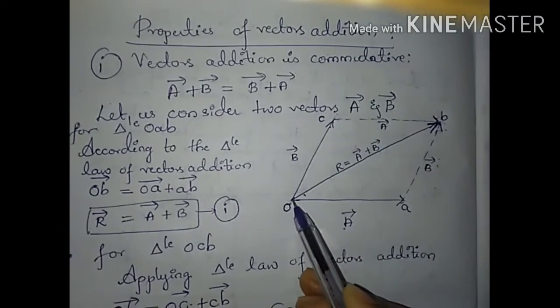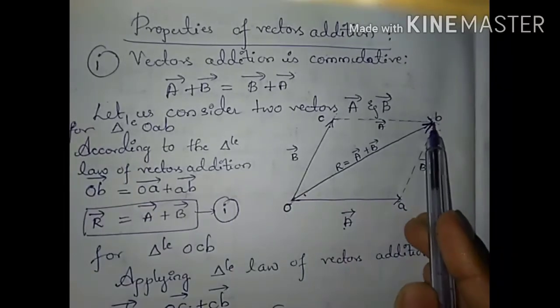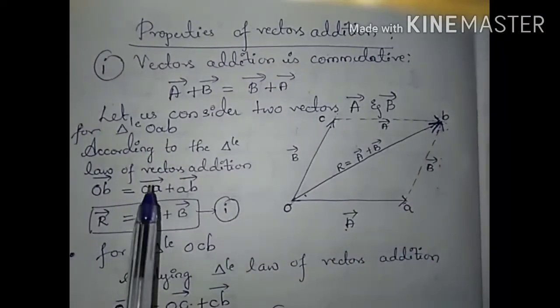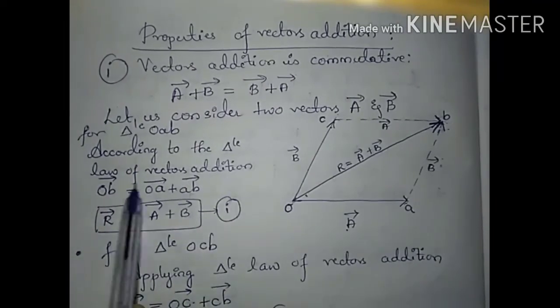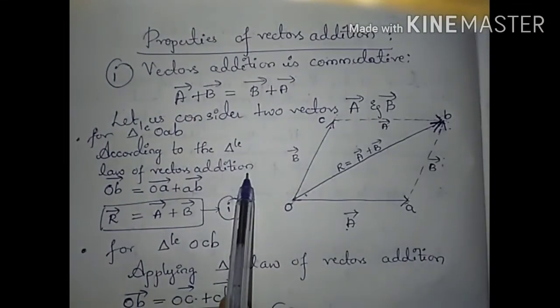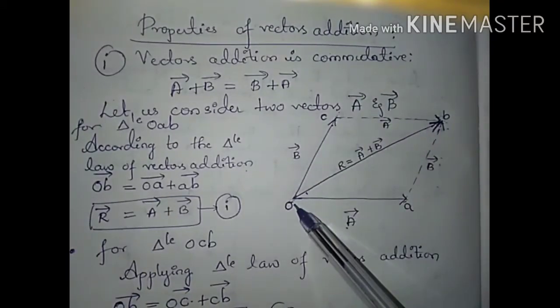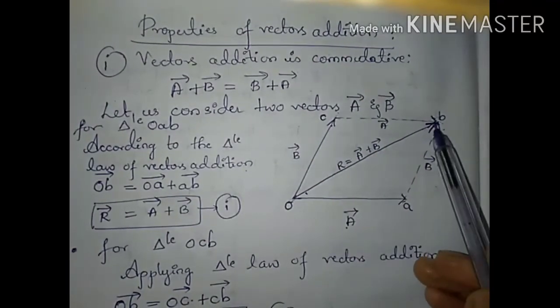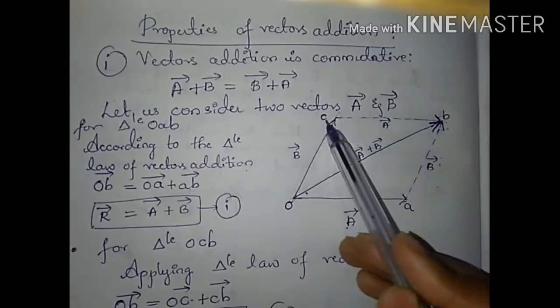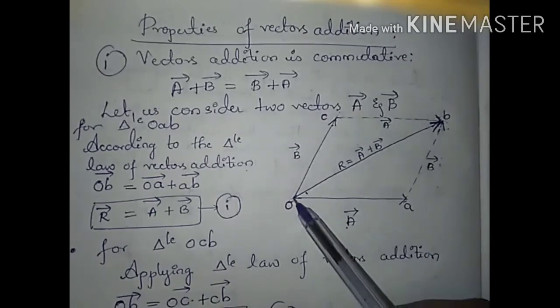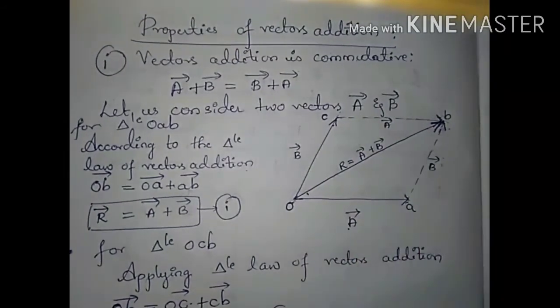Now considering the triangle OAB, you get R is equals to A plus B. So that we got by applying the triangle law of vectors addition. Then later we have considered the another part of the parallelogram, that is OCB. So this is the second triangle. So from second triangle we got OB is equals to OC plus CB.